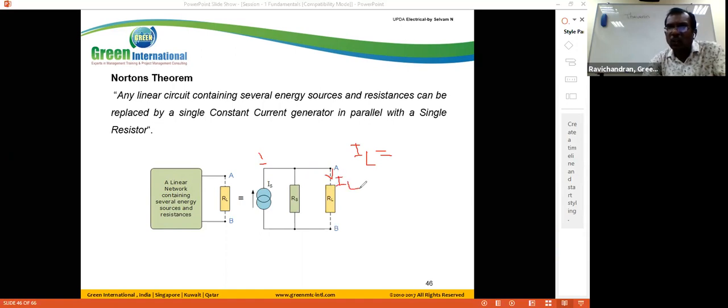So IL is equal to the total current IS into the opposite branch resistance. The opposite branch for this is RS, divided by the total branch resistance RS plus RL. So this is the formula for the load current.